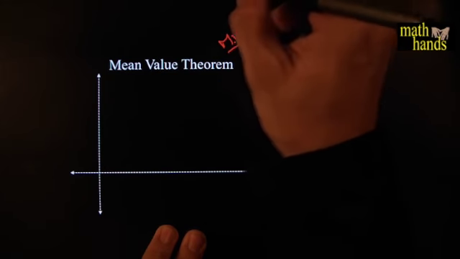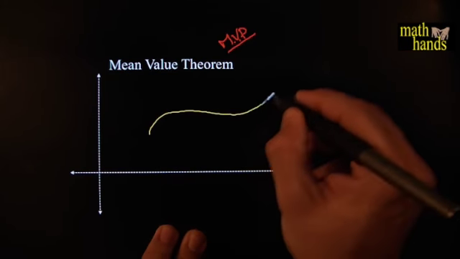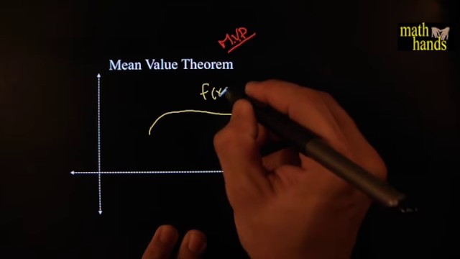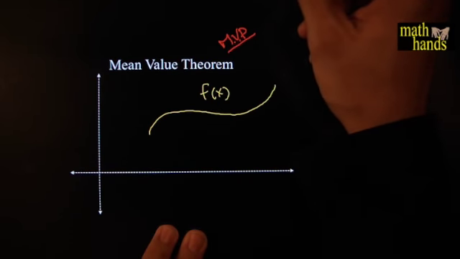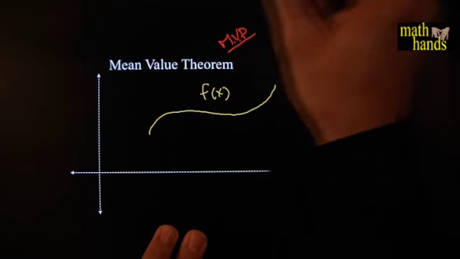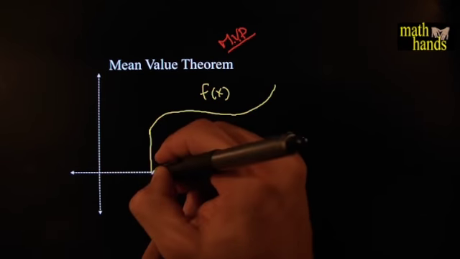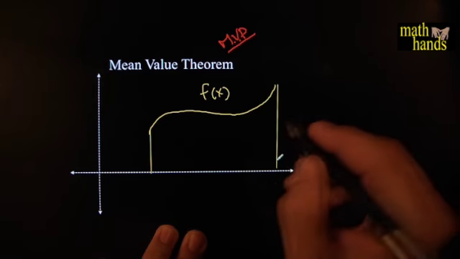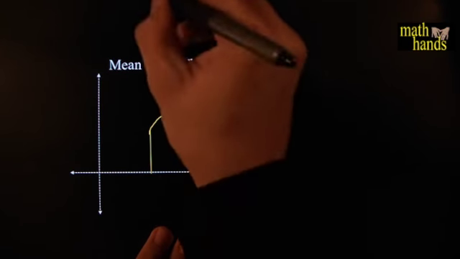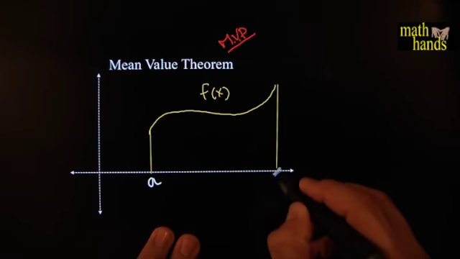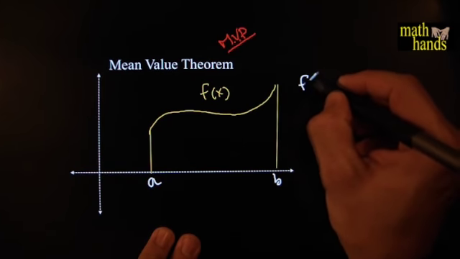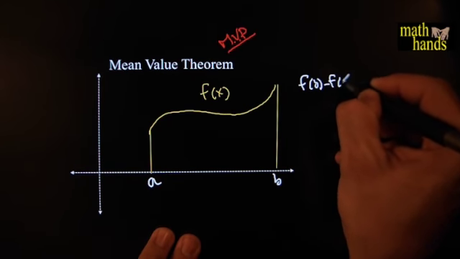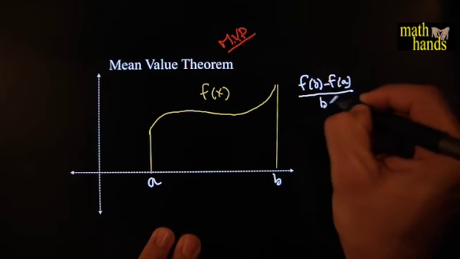It said if you've got some nice little function here, with suitable conditions, meaning continuous, bounded, well-behaved, and suppose we're considering finding the area from some point A to some point B. So let's mark this point A and this point B. The mean value theorem said if you take a look at the secant slope, that would be f of b minus f of a all over b minus a.